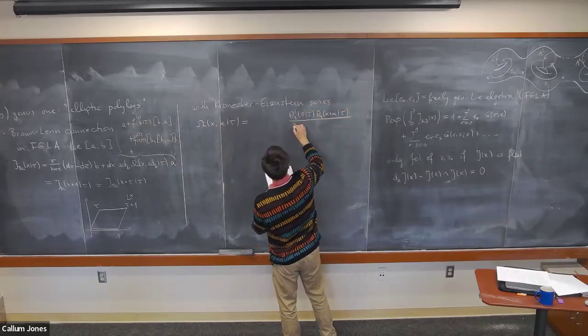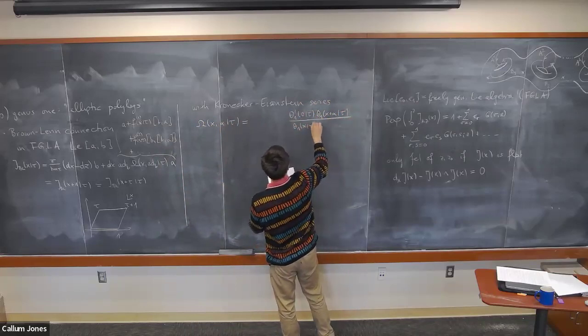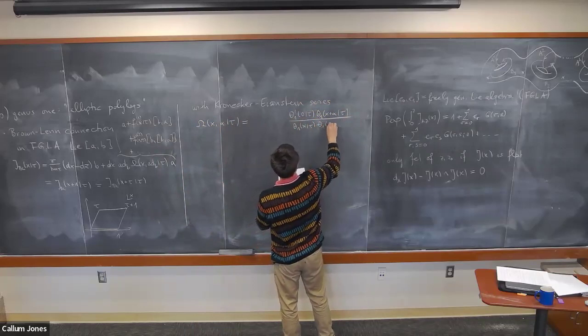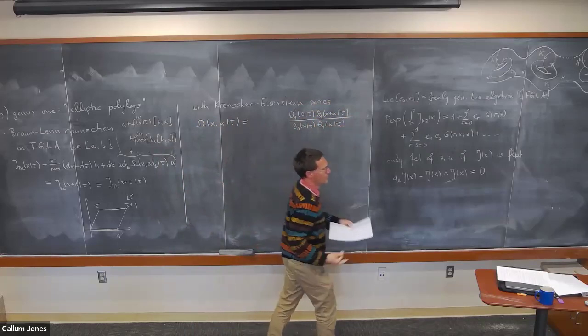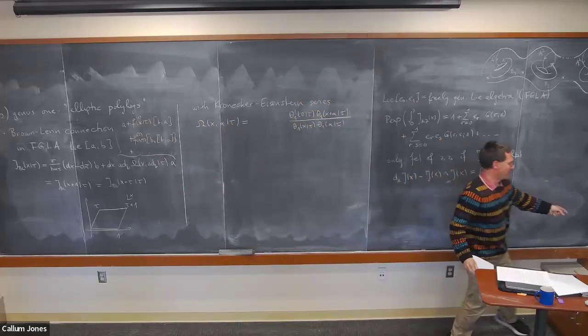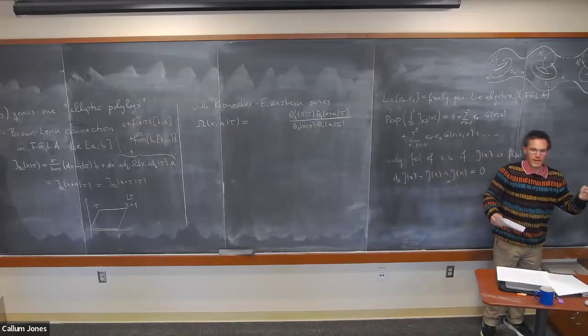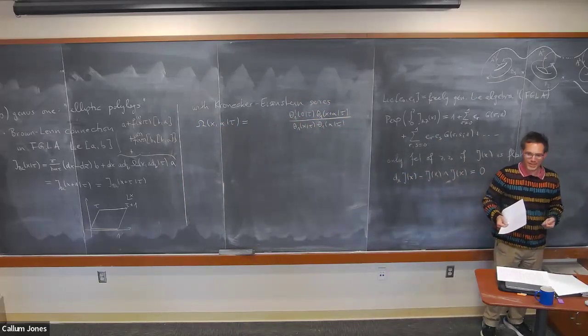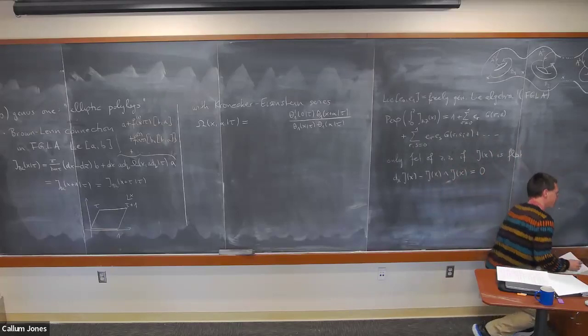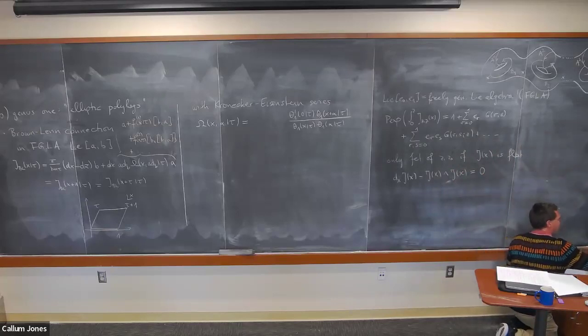In order to be self-contained, I've spelled out the definition of a theta function on the board, but you don't need to be an expert on these animals. So even if you haven't seen this definition before, I think the only thing you really need to know is that close to the origin, it goes like a linear function. So close to the origin, replace it by something proportional to z plus order z cubed.